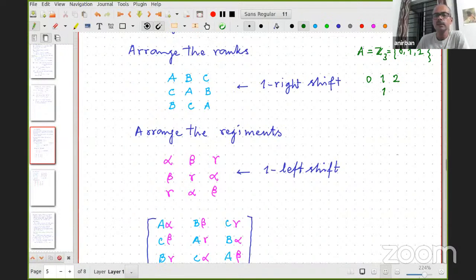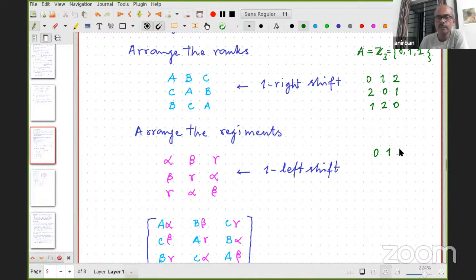I write this as 0, 1, 2 and do the same movement: 0, 1 and 2 comes here.